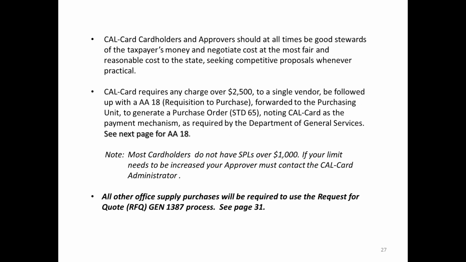Most cardholders do not have single purchase limits over $1,000. If there is a justifiable business reason to raise your single purchase limit, please contact the CalCard administrator. All other office supply purchases will be required to use the Request for Quote RFQ Gen 1387 process in the upcoming slides after the AA18 requisition to purchase.